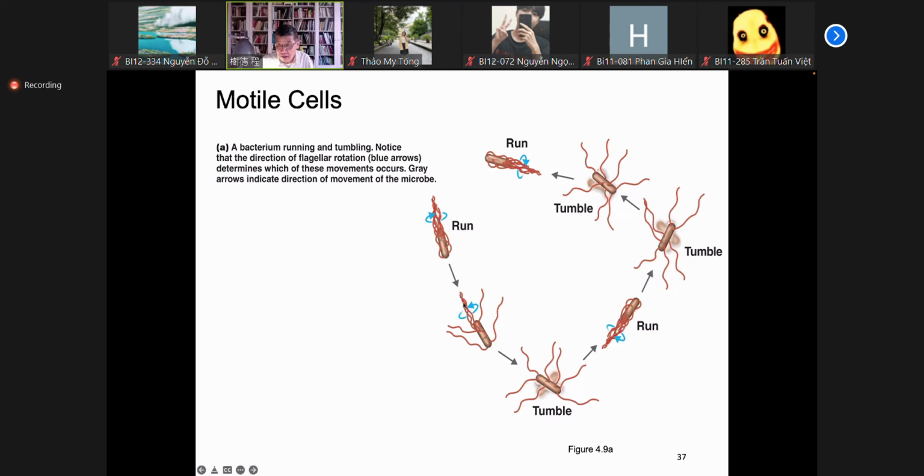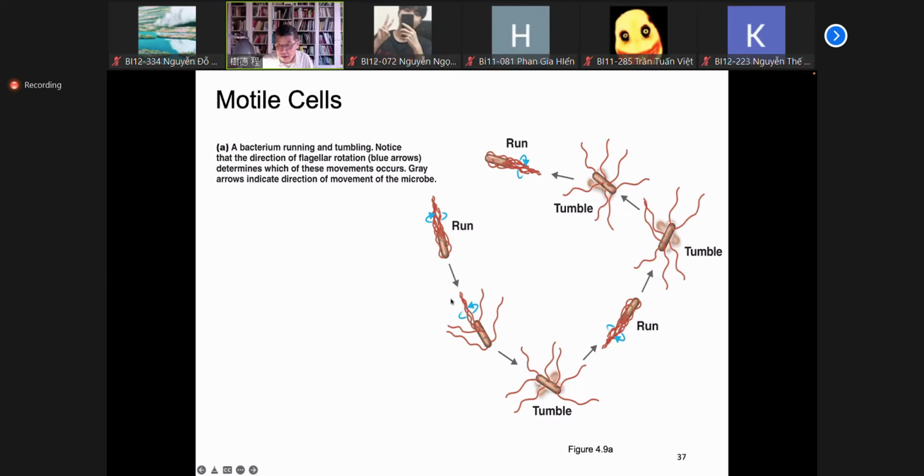So when they detect the desired direction, they will move. But if they detect that this direction is wrong, they will tumble. Then they find another direction to go. So by run and tumble, the cell is very important.